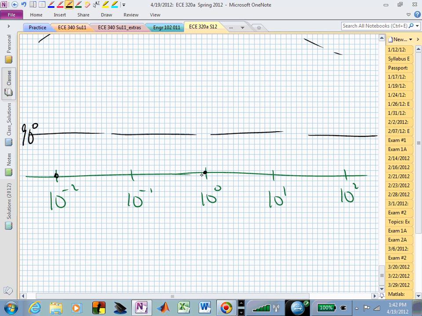It's going to be contributing minus 90 degrees over a 2-decade span, and that 2-decade span needs to be centered right at the break, and the break we said was 10 to the minus 1. By this point then, it's contributing minus 90 degrees, and it's a straight line from 0 degrees to minus 90. That's due to the pole factor at 0.1.